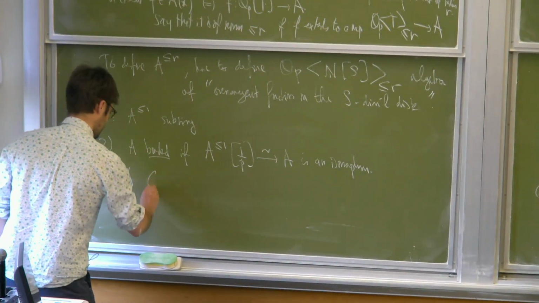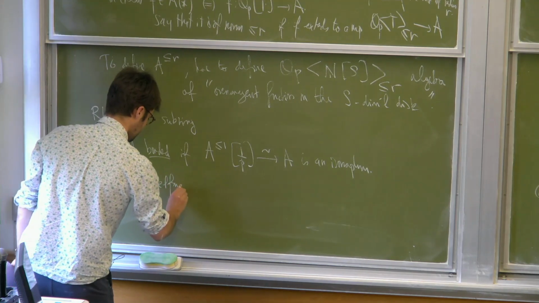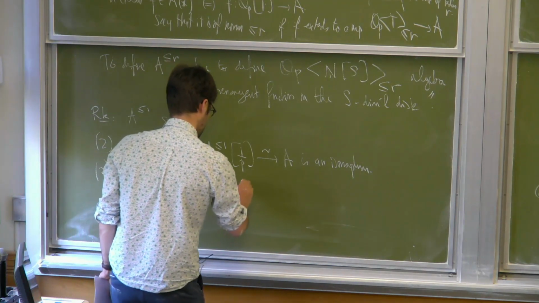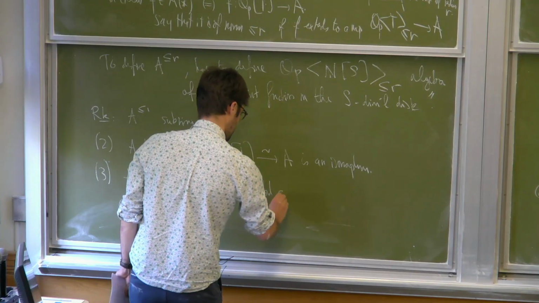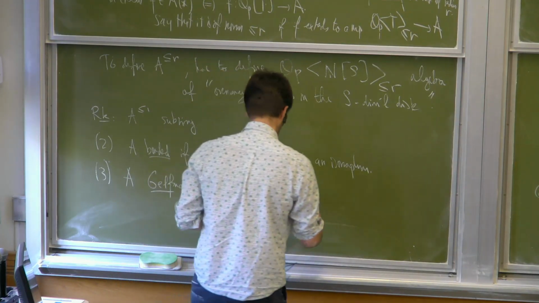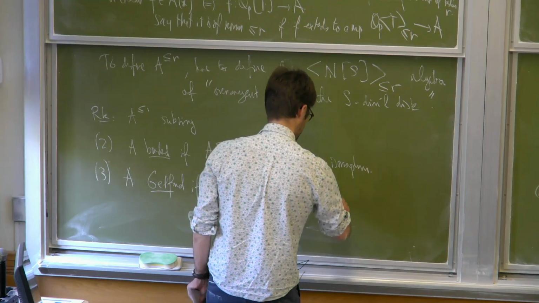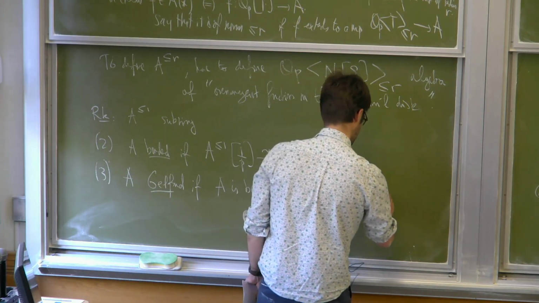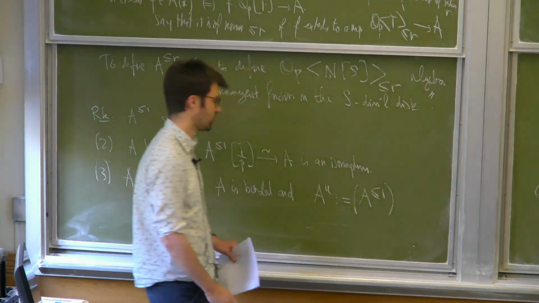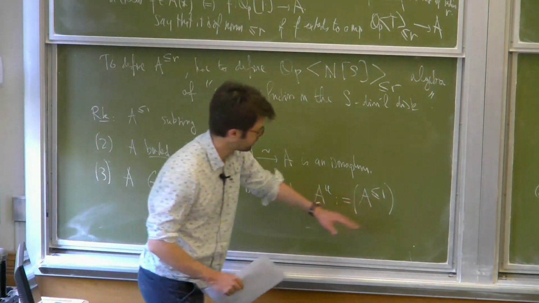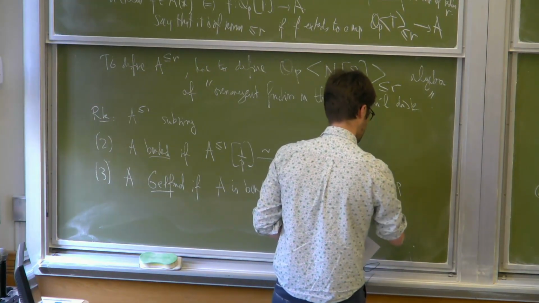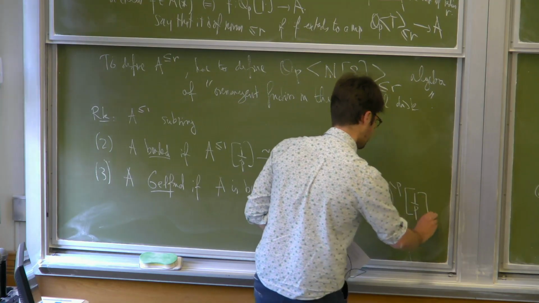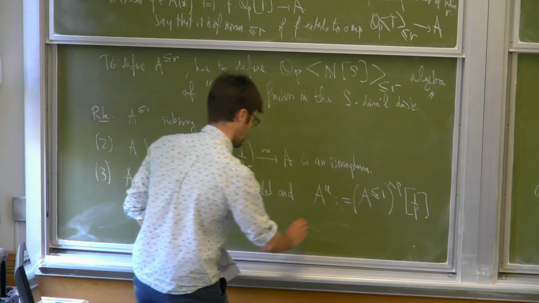And finally, you say that A is Gelfand if, first of all, A is bounded, but you also require that the uniform completion of A, which I will denote by AU, which is defined as follows: you take the power-bounded elements of A, take the p-adic completion of this, and then invert P. And this you require to be a Banach algebra.